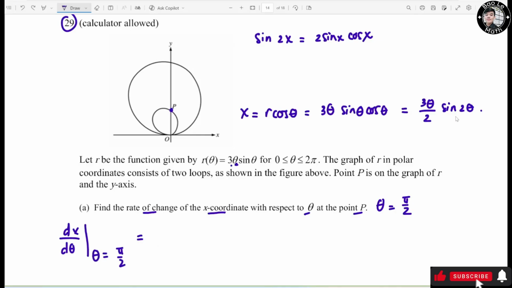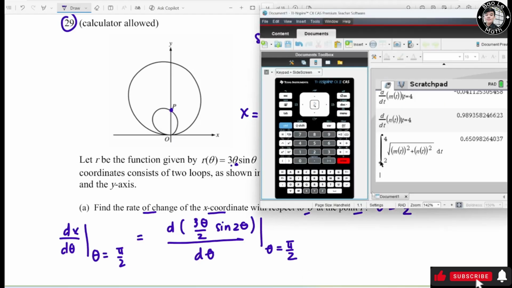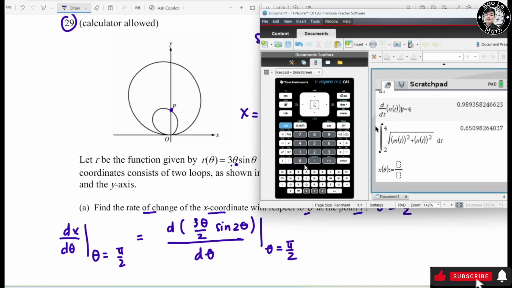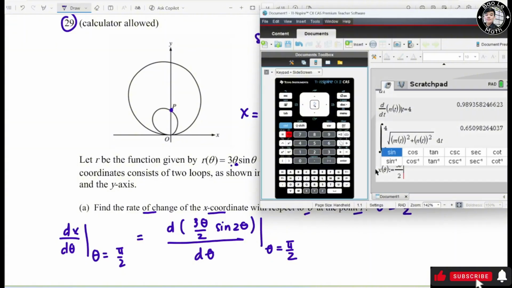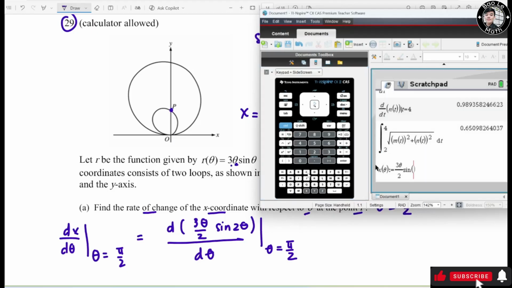Now we're going to take the derivative of this one. So we're going to bring up the calculator. We're going to store the function first. S of theta. Press Ctrl and the button right here. It's going to be 3 theta over 2, so hit the button right here, input the fraction. We have 3 theta over 2 times sine 2 theta.